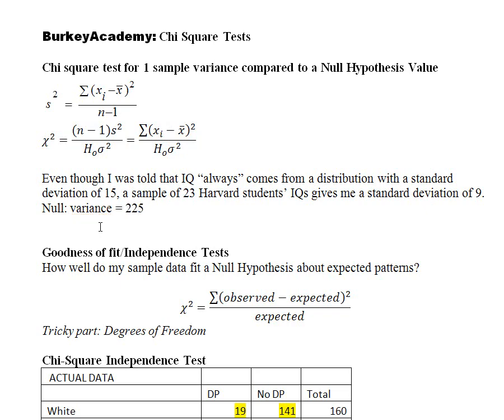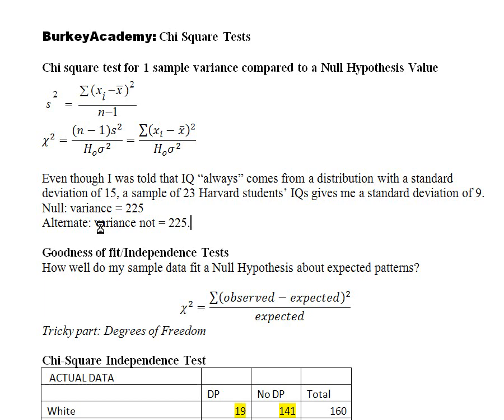And the alternate hypothesis would be that the variance is not equal to 225. It's something different, right? So the alternate is that the variance of the population of Harvard students is not equal to 225. So how are we going to test this?